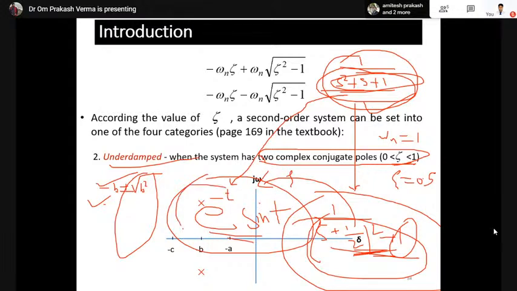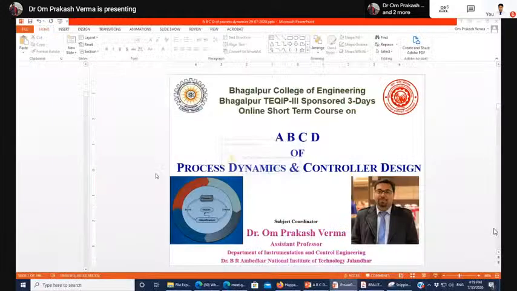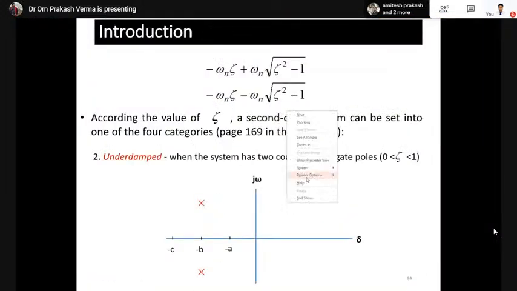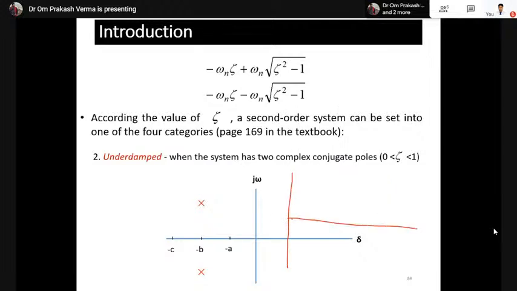And once you get the e to the power minus t sine t type of equation and you solve this, when you draw the response you get a sinusoidal signal that is decreasing, since e to the power minus t is responsible for diminishing the signal.